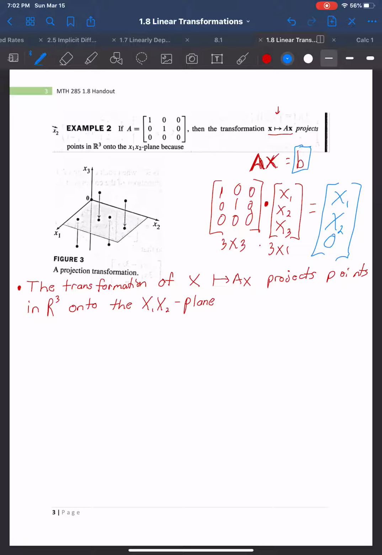I know we have defined an A, and I have not given you an x to multiply by, nor have I given you a b. So of the 3 pieces, you only have 1. What I'm telling you is that if you had an x and did your matrix multiplication, this is the structure of the result: x sub 1, x sub 2, 0. I just want you to think about the geometric interpretation of this.